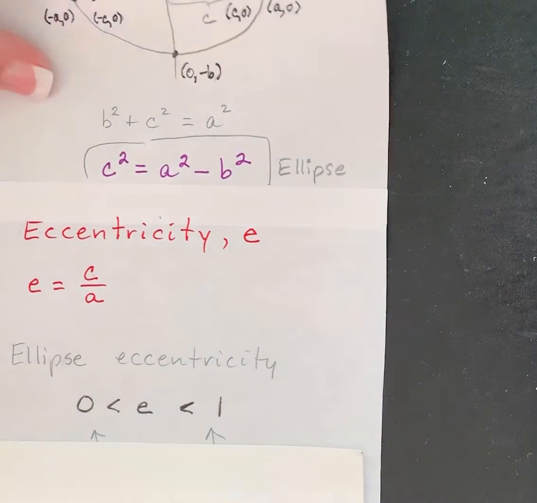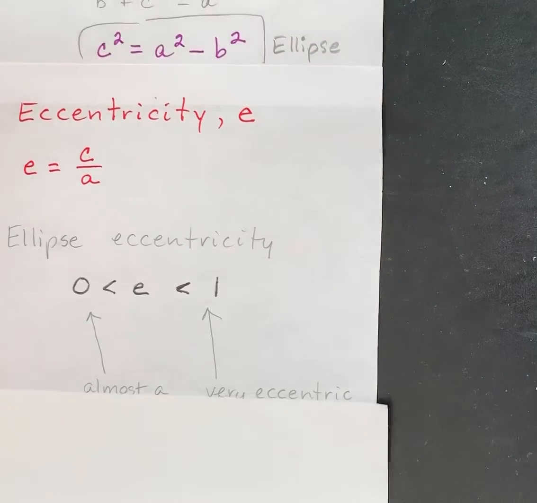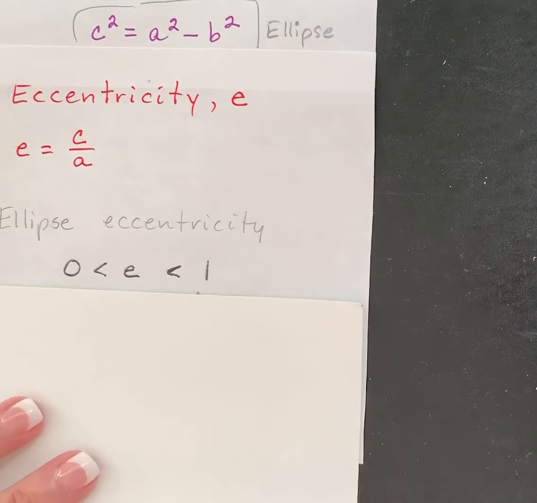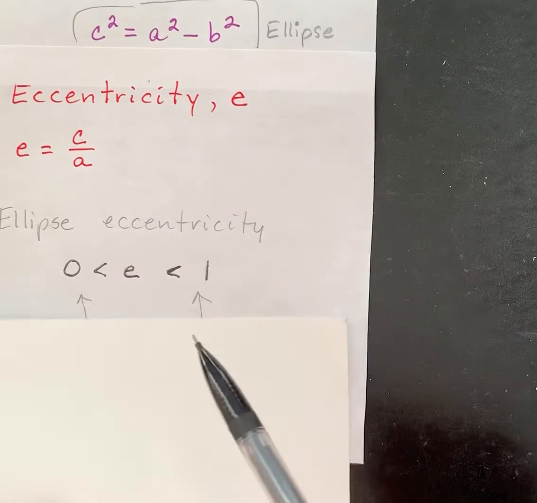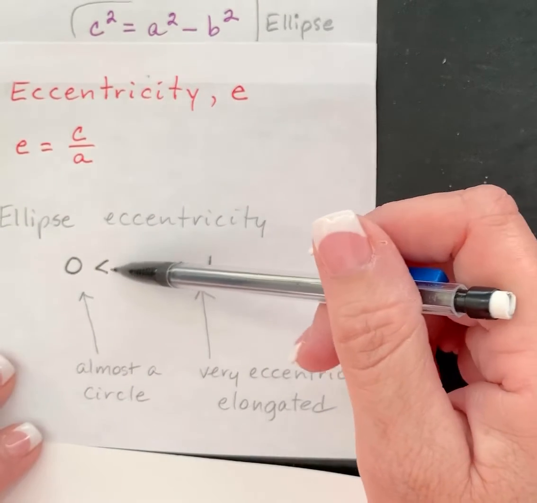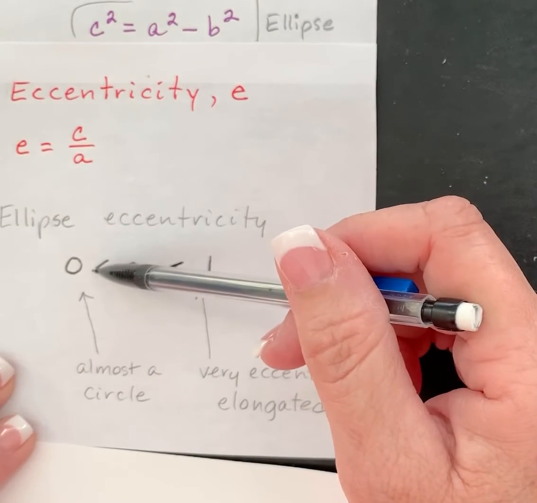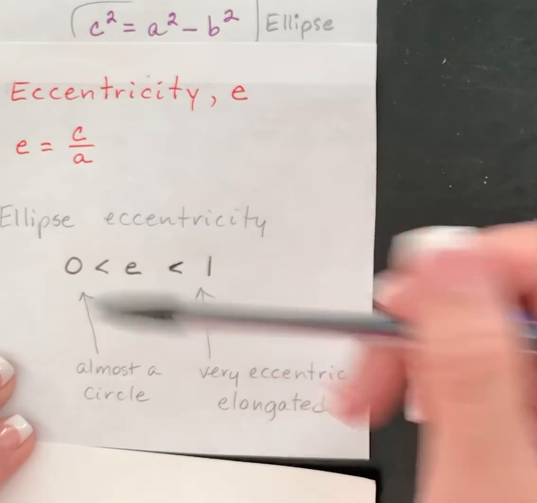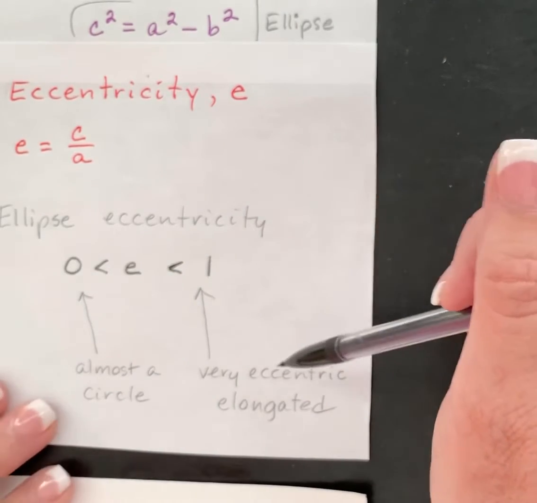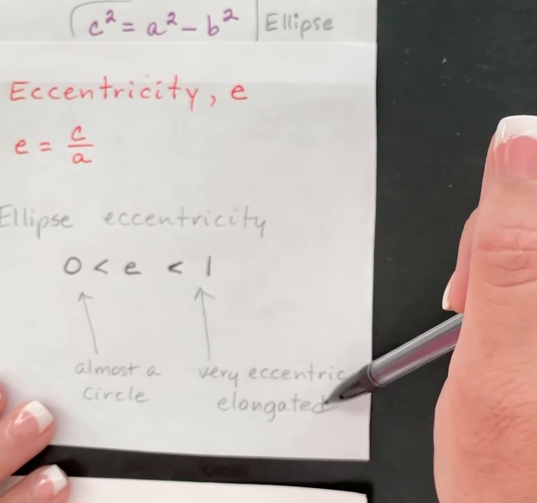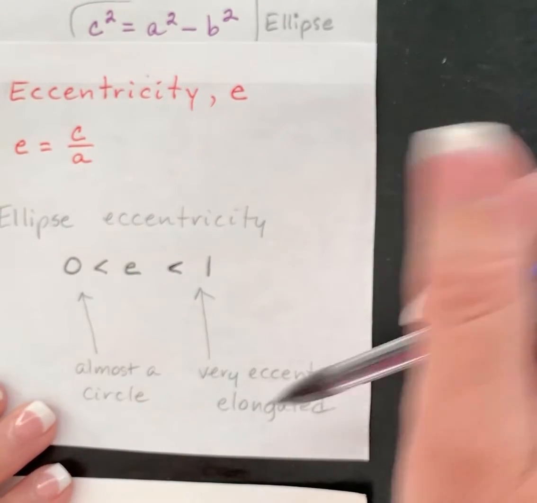Okay, so what does this tell you at a glance? For an ellipse, the eccentricity will always be between 0 and 1. The closer e is to 0, the more it's like a circle. It gets rounder with smaller e values. The more that it is near 1, that makes it very eccentric or very elongated.